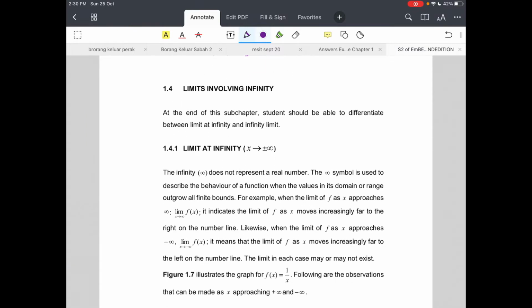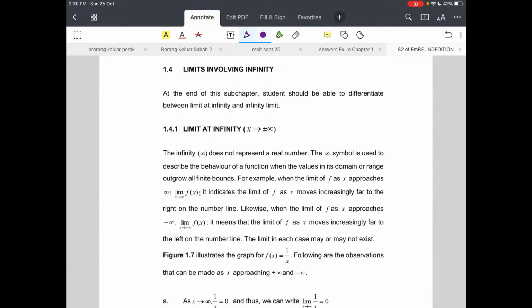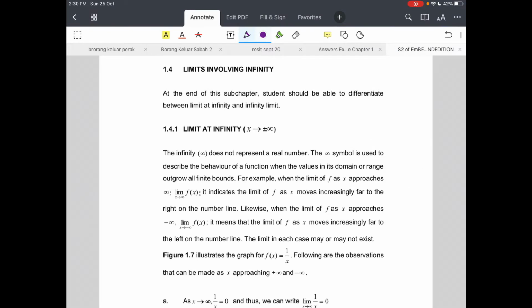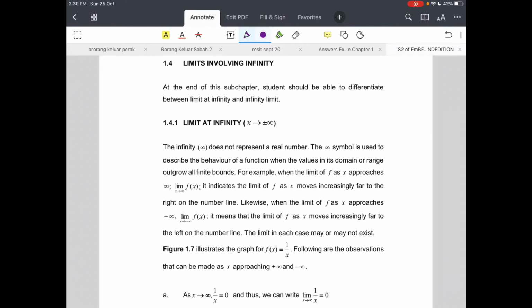Now we go to limits involving infinity. As for the limits involving infinity, we actually have two definitions. It's either limit at infinity or infinity limit.